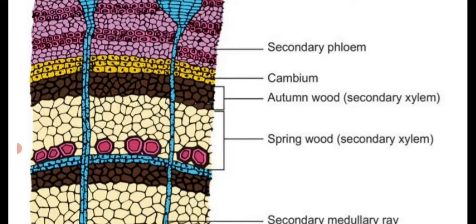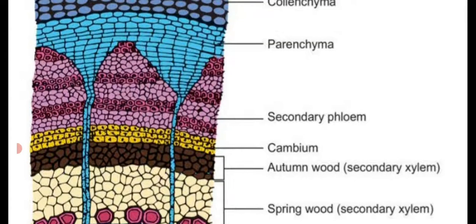Outer to the secondary xylem, they produce spring wood. Then outer to the spring wood, they produce autumn wood. So two types of secondary xylem are there. First formed is the spring wood. Then outer to the spring wood, they are forming the autumn wood. Then on the outer side of the cambium, they produce secondary phloem.